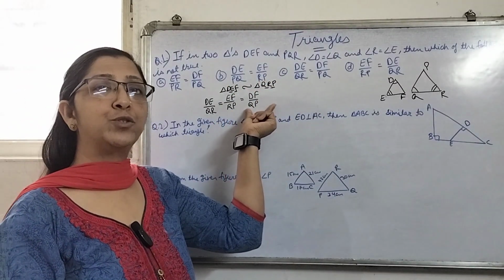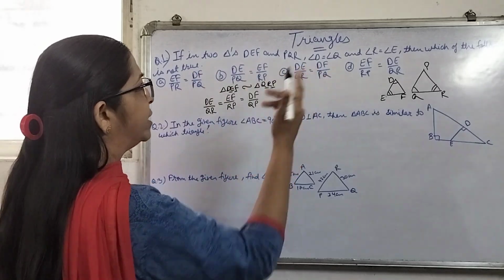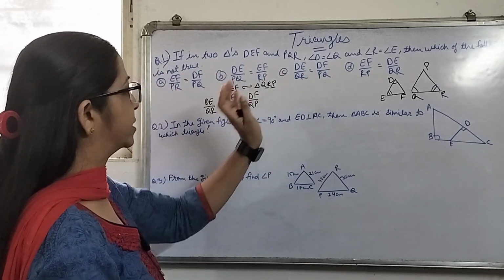This is the ratio which will be equal. Now let's check which option is not following this condition.